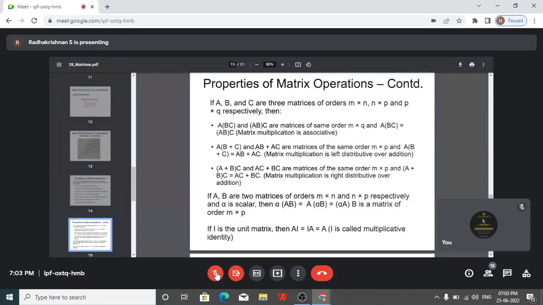Next, A and B are two matrices of orders m cross n and n by p respectively, and alpha is a scalar.